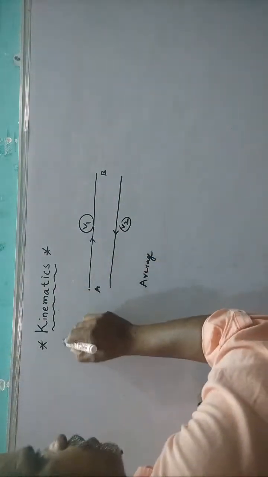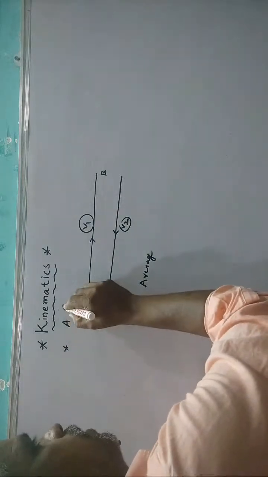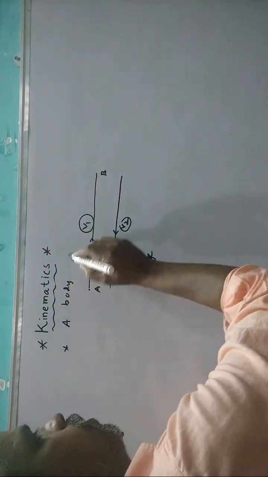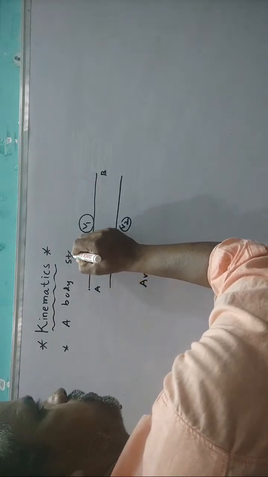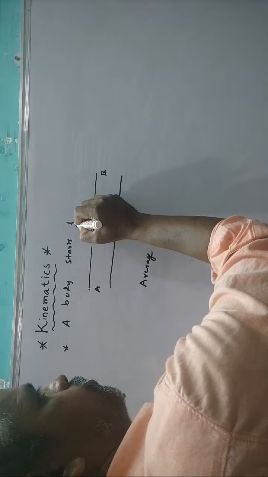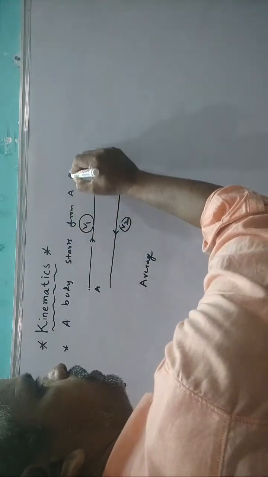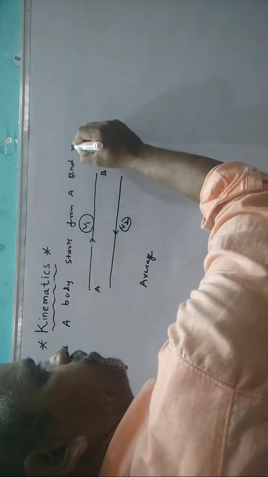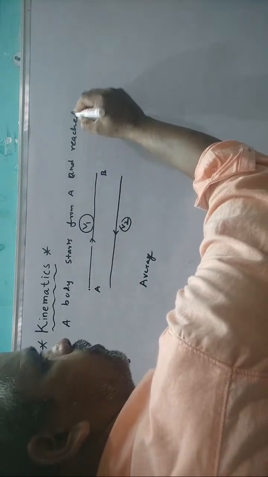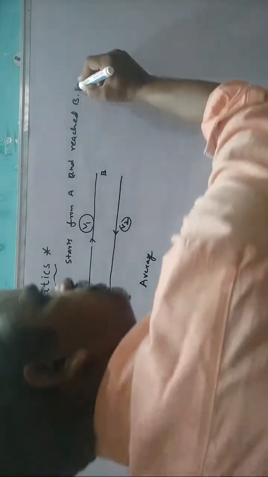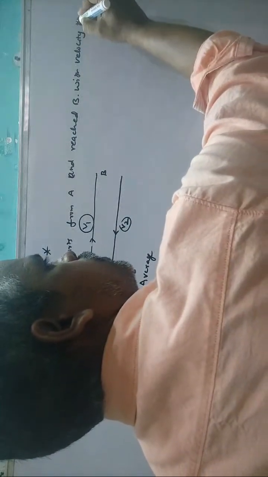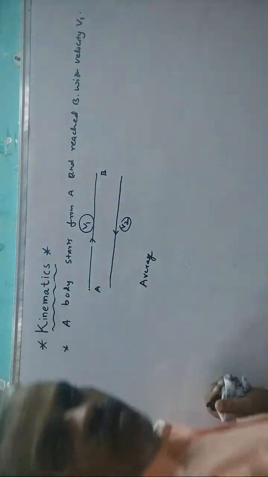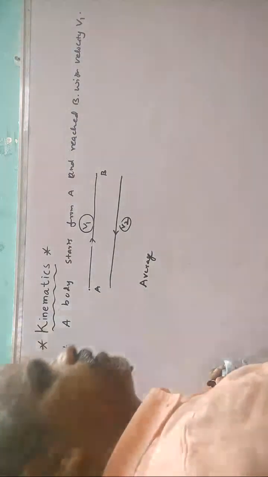you have to write like this: a body starts from A and reaches B with velocity v1.